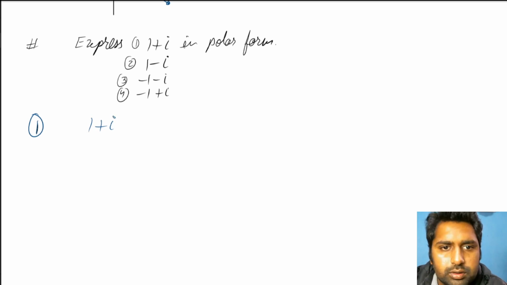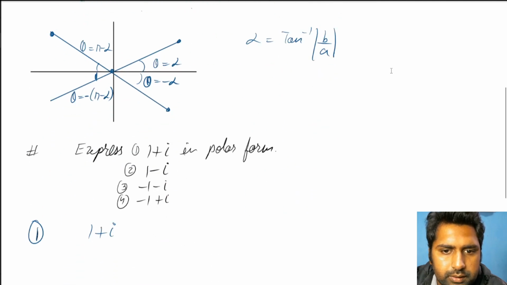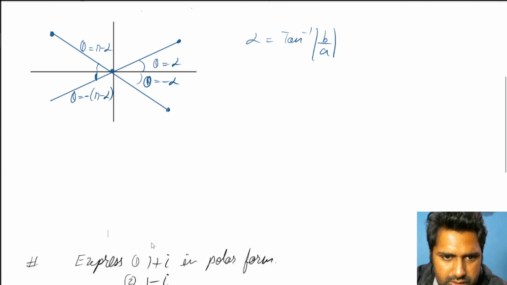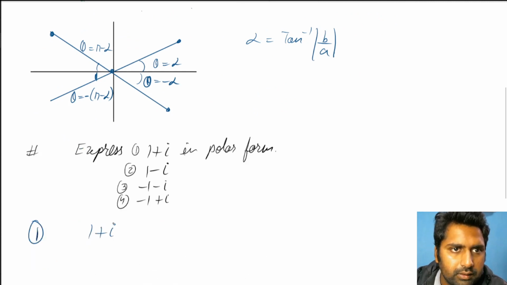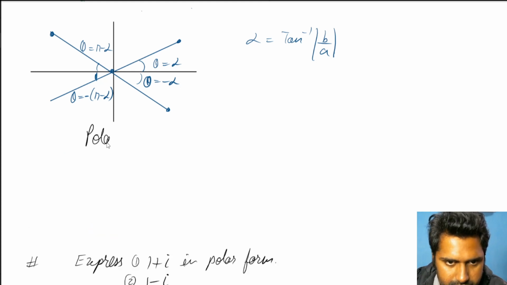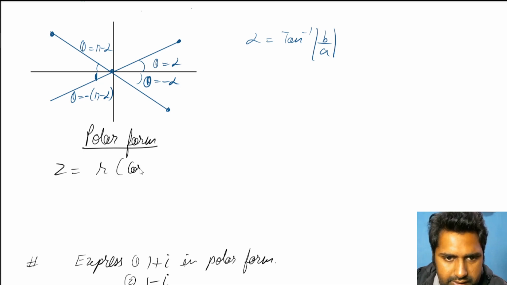I haven't talked about the format of polar form, have I? No. Okay, so let me tell you the format. It's just a format as such. Any complex number will be represented in polar form like this: r bracket cos theta plus iota sin theta.